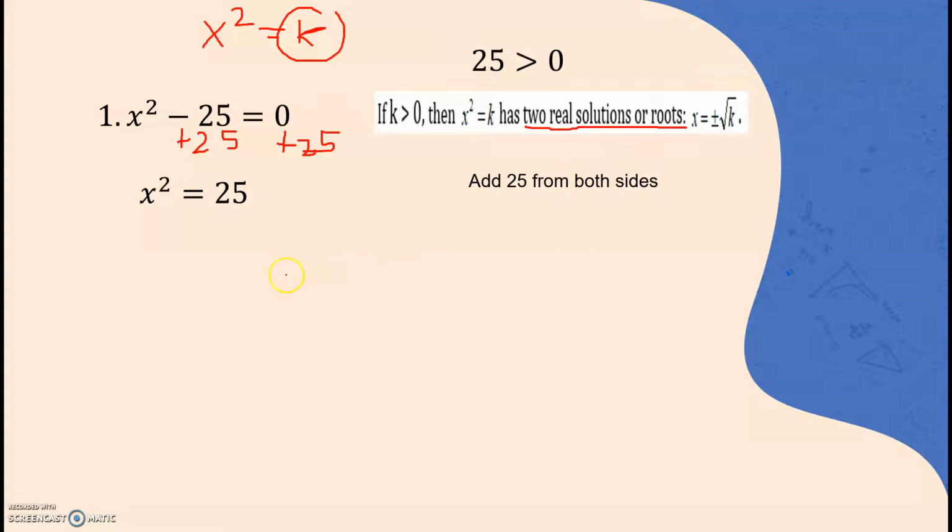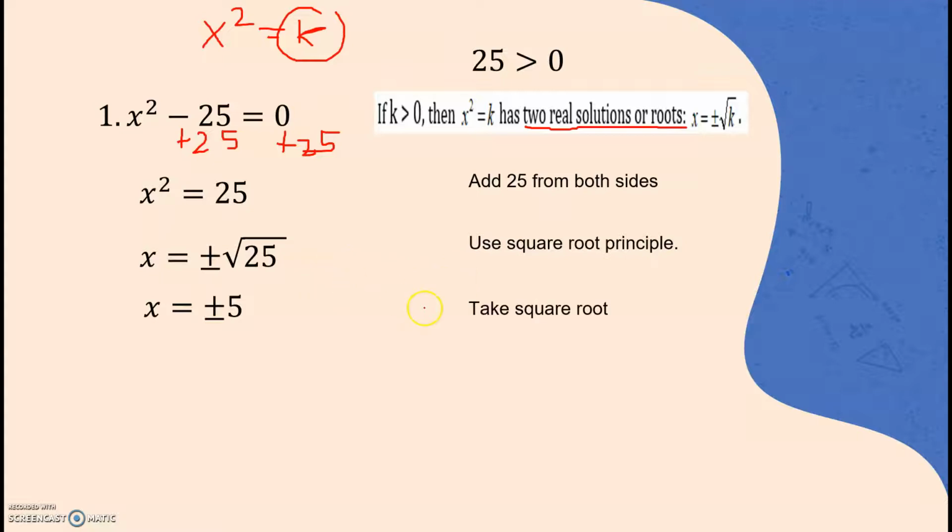Upon solving, we use the square root principle: x equal to plus or minus square root of 25. Since it is already x squared, I assume the square root has been taken. The square root of 25 is 5, and we separate the plus or minus since there are two solutions. So x sub 1 is positive 5 and x sub 2 is negative 5.